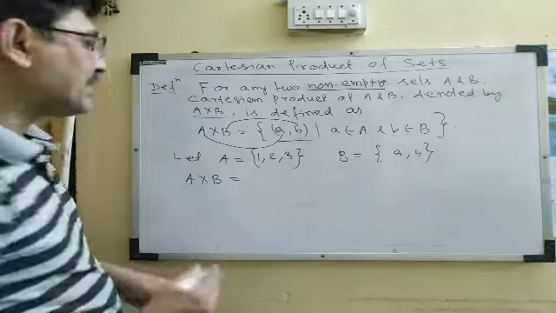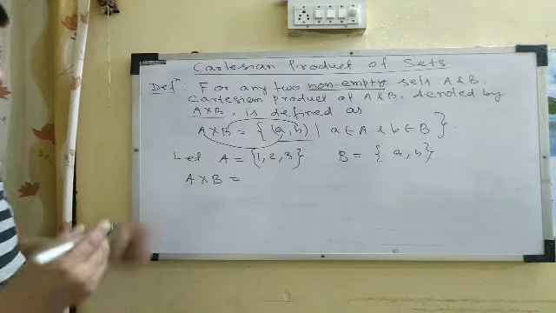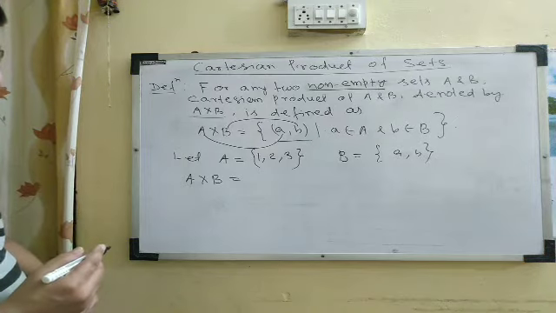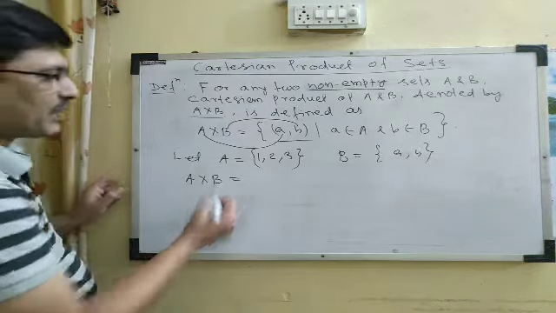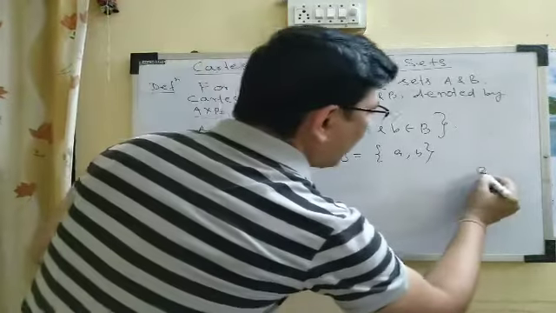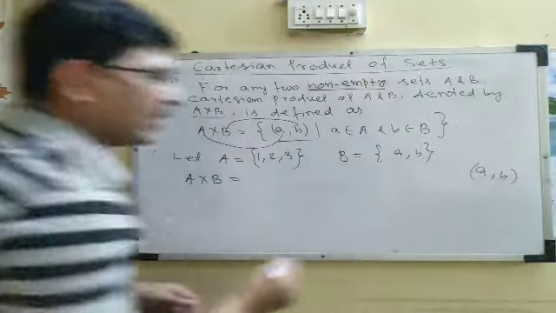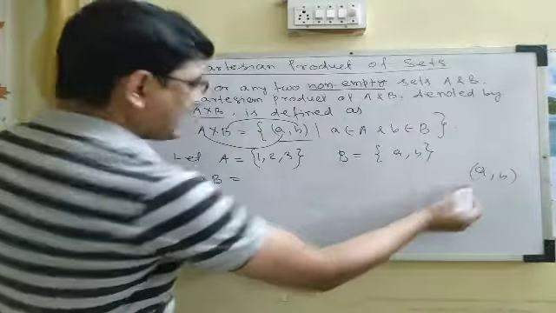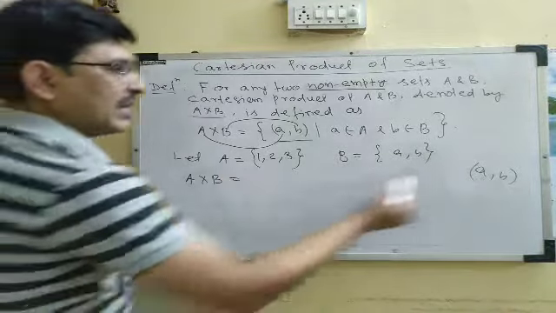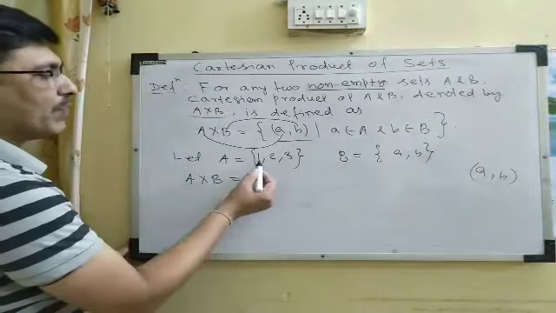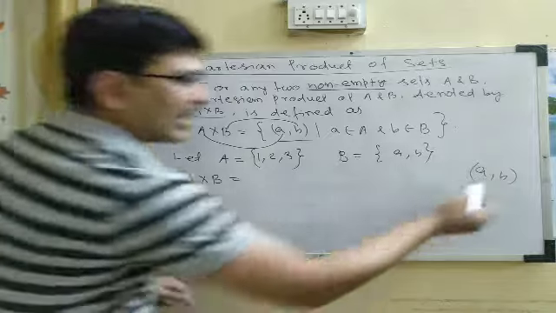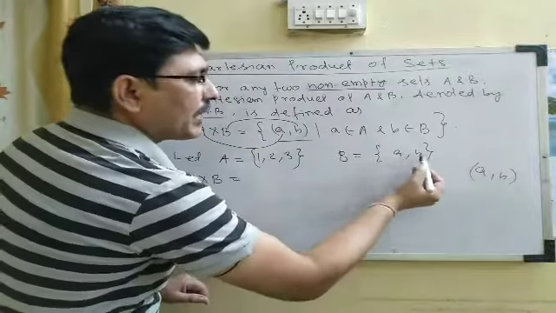So A cross B is the collection of all ordered pairs (a, b) in which a is an element of this first set. That means we have to collect all ordered pairs (a, b) in which this a is an element of set A, which means a can take the value 1, 2 or 3. Similarly, this b can take the values a and b.